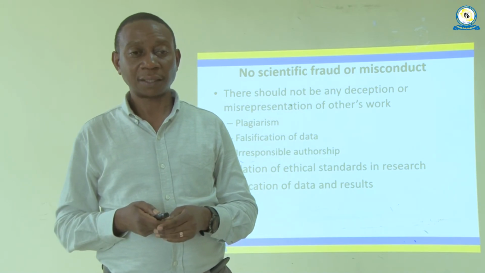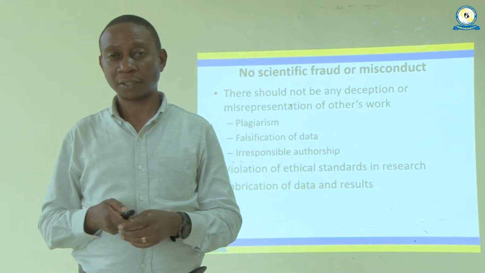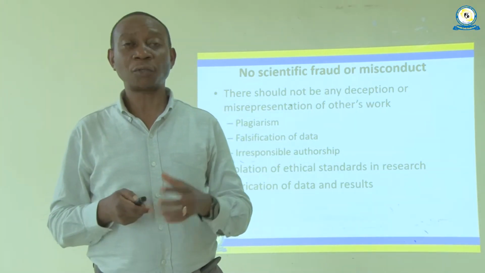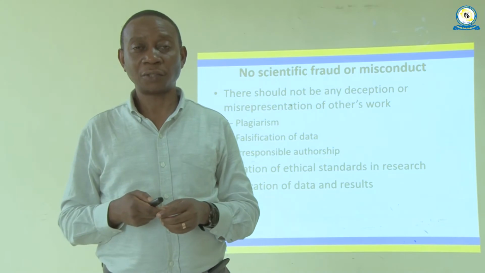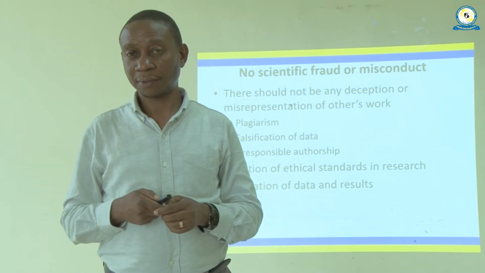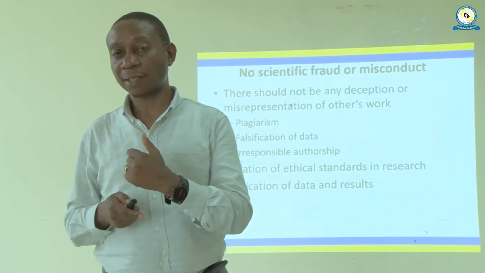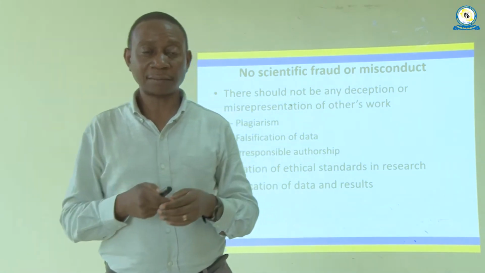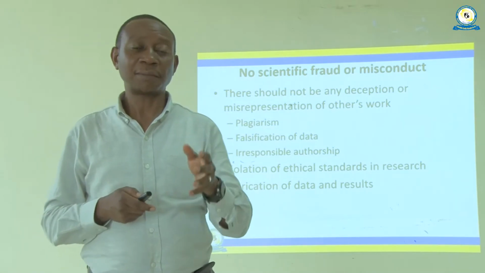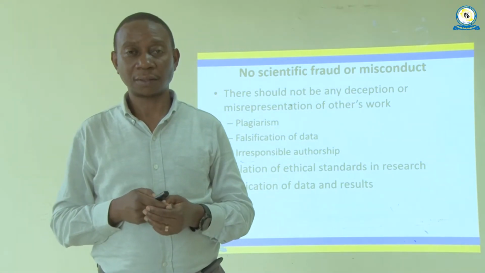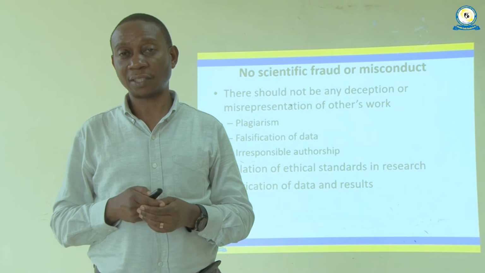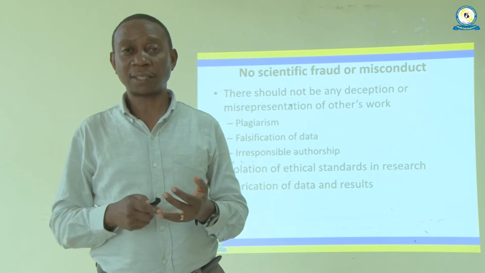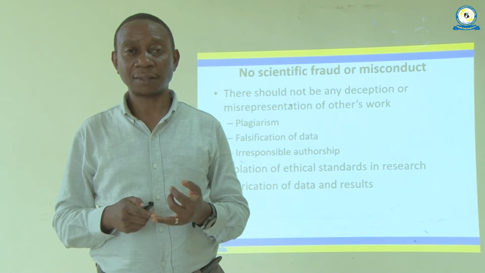Then there is irresponsible authorship. You should not show that the work is your own if it has been taken from others' studies or others' work. As I've said, plagiarism is one of the misconducts, and you must acknowledge the source, whether it is from a book or from a person who has sent that information.